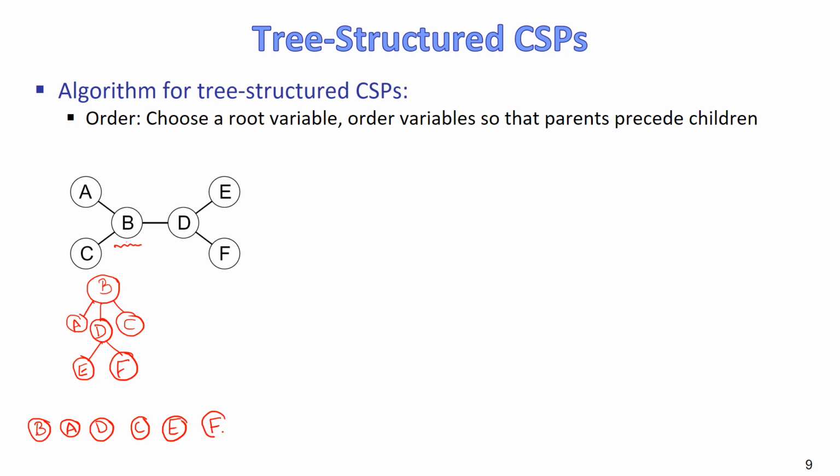Then add directed arcs from the parent to the child. So we have from B to A. We have from B to D. We have from B to C.